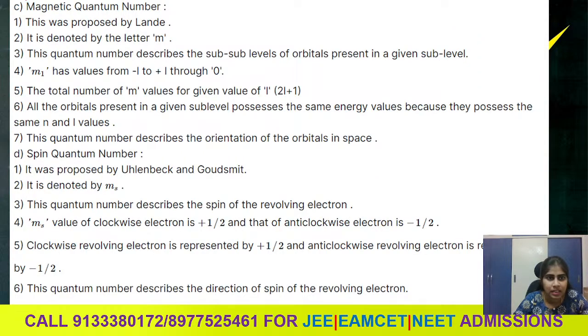And next we have the magnetic quantum number. This was proposed by Lande. It is denoted by M, and this quantum number describes the orbitals present in the given sublevel, as we have seen in the table. M value ranges from minus L to plus L, including 0. And the total number of M values gives 2L plus 1.